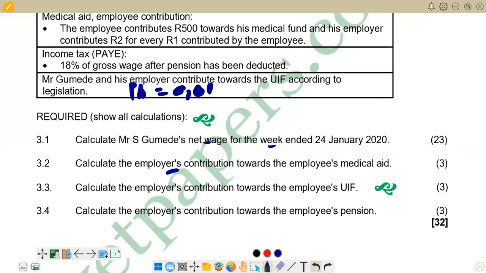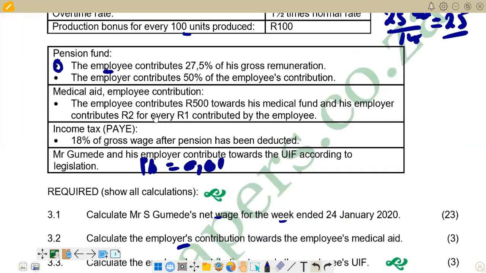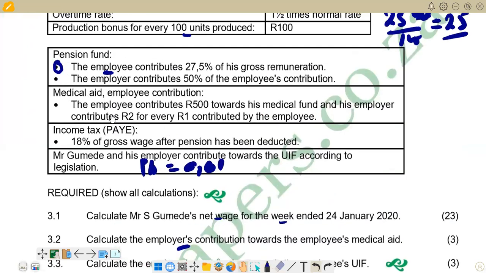So we go to the section of the employer and see what it is saying about calculation of medical aid. They are saying the employee contributes 500 rands towards this medical fund, and his employer, remember, we are now on the employer, contributes 2 rands for every rand contributed by the employee.